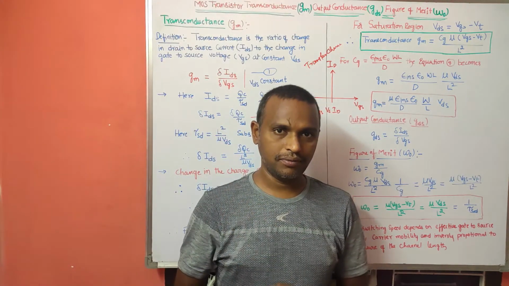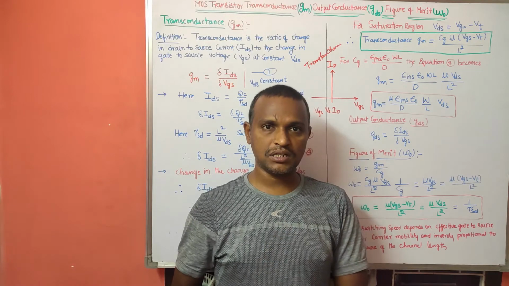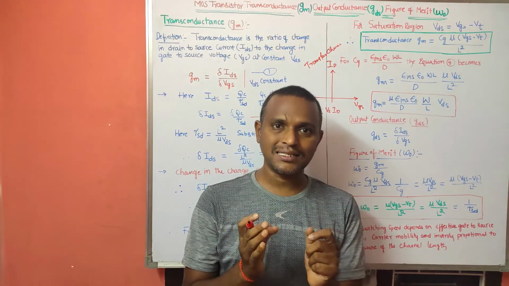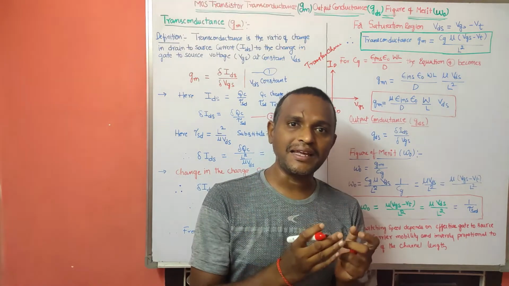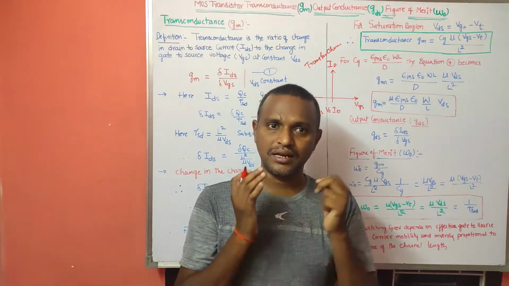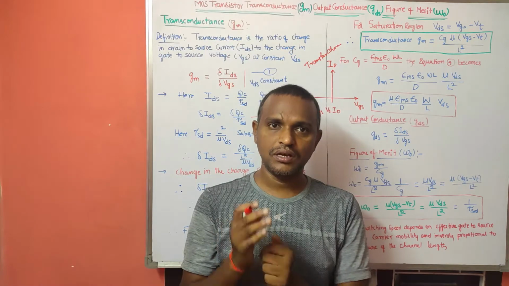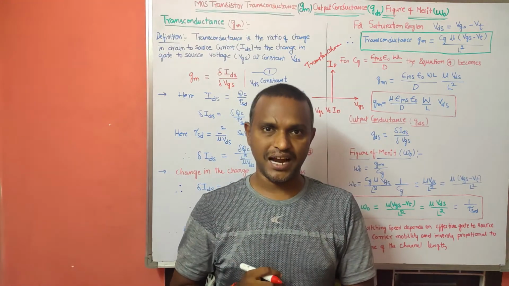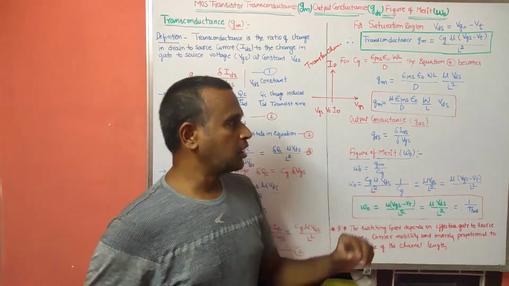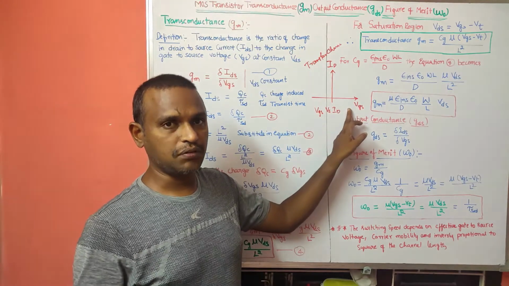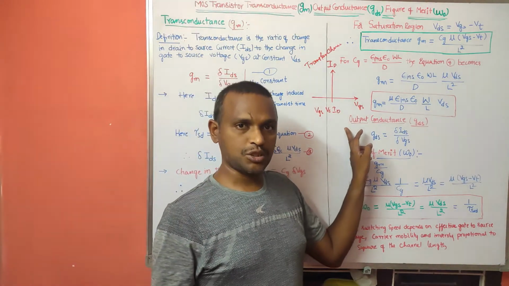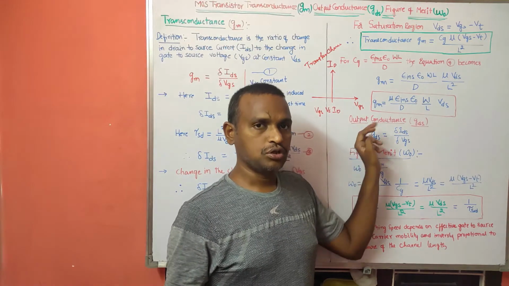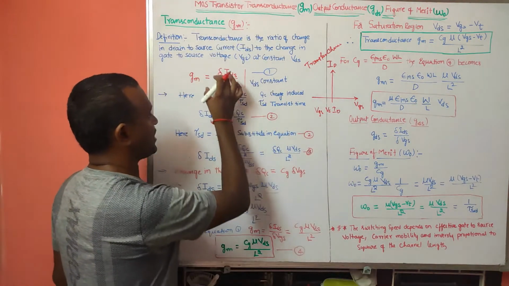Transconductance means the conductance calculated between the drain current ID and VGS. Because the characteristics between VGS and ID are called transfer characteristics, it is called transconductance.